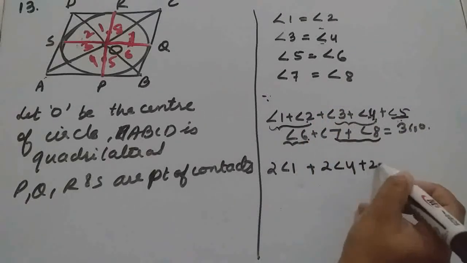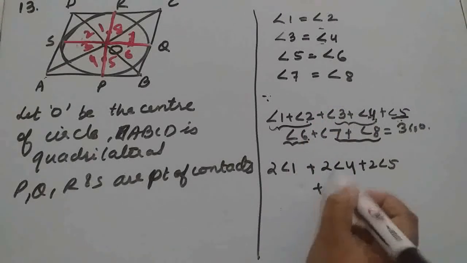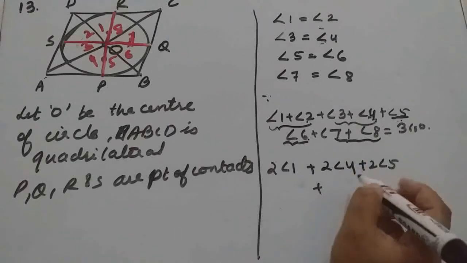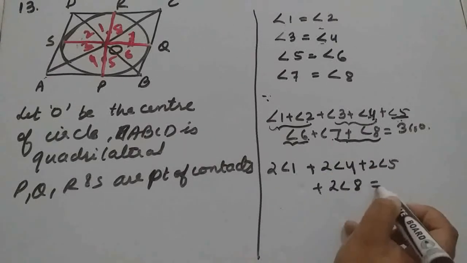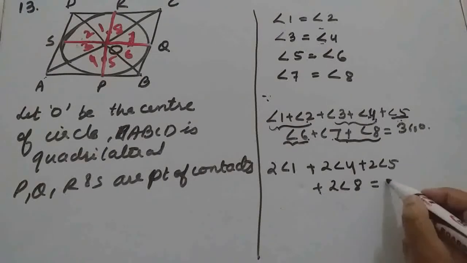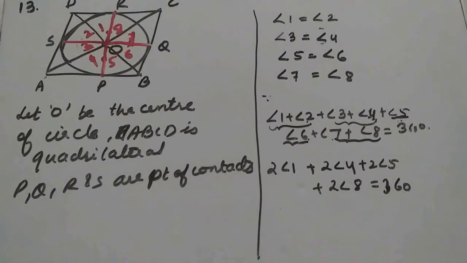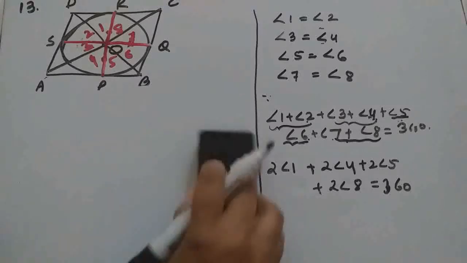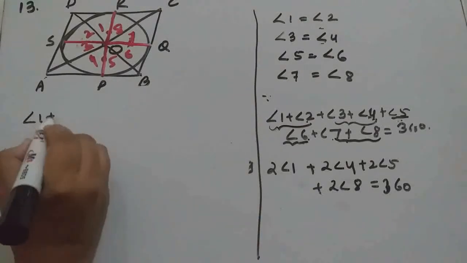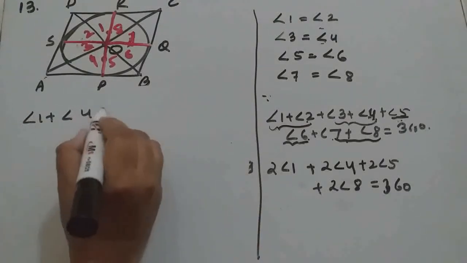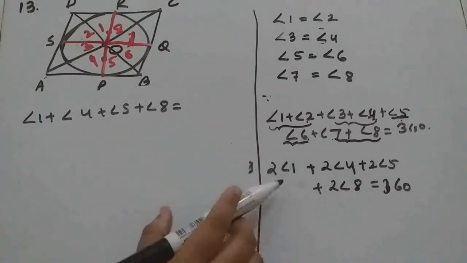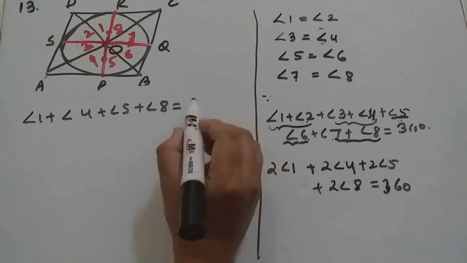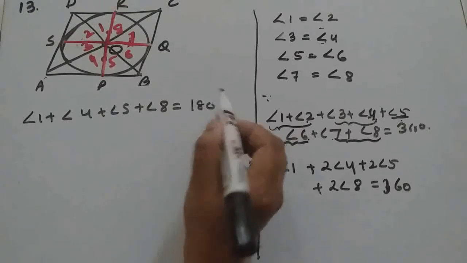So 2 times 5. And in 7 and 8 I can write 8 in place of 7. So 2 times 8 equals 360. Now take 2 common. So 1 plus 4 plus 5 plus 8 is what? 2 common and divide 360. So it will give 180.